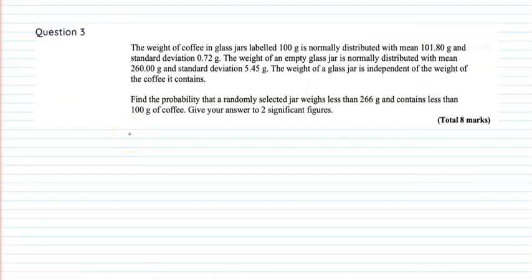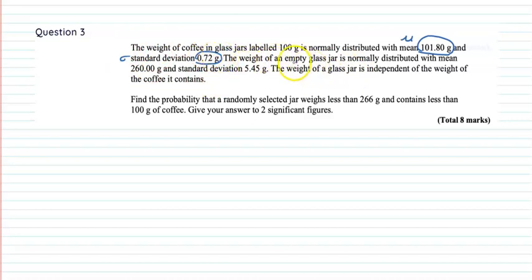Okay, so my next question is question 3. The weight of the coffee in a glass jar labeled 100 gram is normally distributed with mean 101.80 grams and standard deviation 0.72 gram. So this is mu and this is sigma.